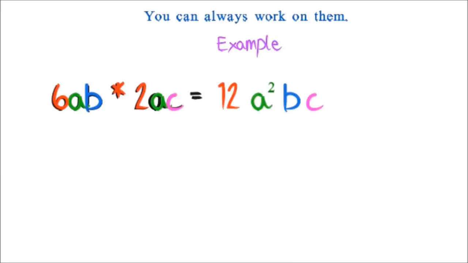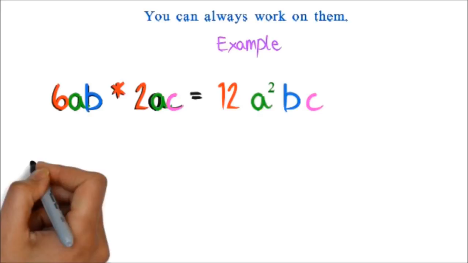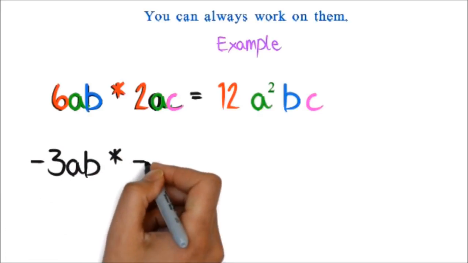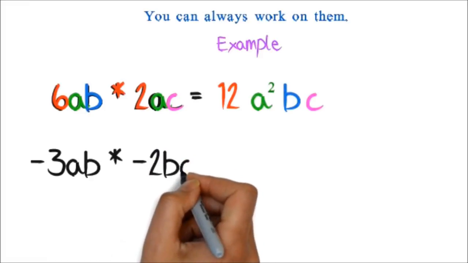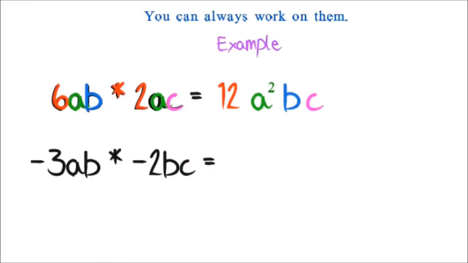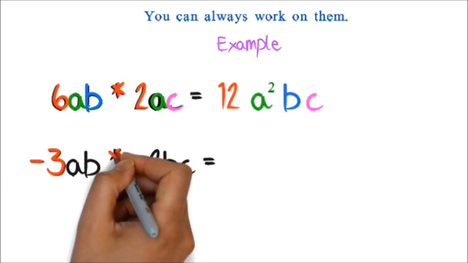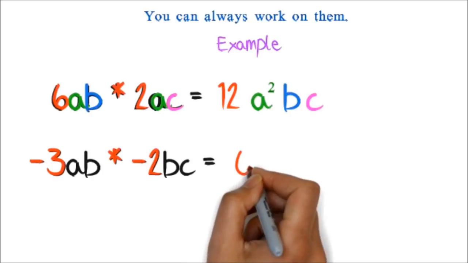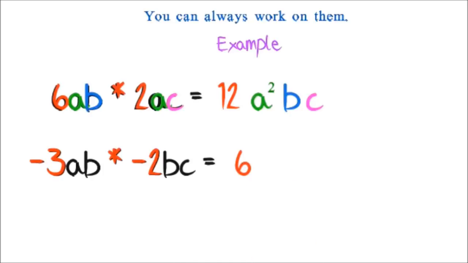Let's try these. Negative 3ab times negative 2bc. Here we multiply the negative 3 and negative 2. These are both negatives, so we have positive 6.